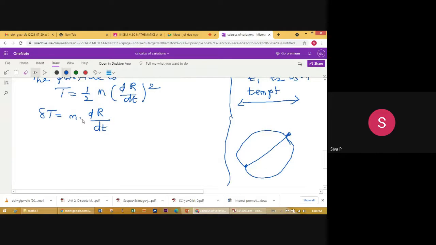So both sides, if you are taking the delta T here, M dr by dt delta dr by dt. So this can be written as M dr by dt, but this delta, if you are taking the delta inside, d delta r by dt.